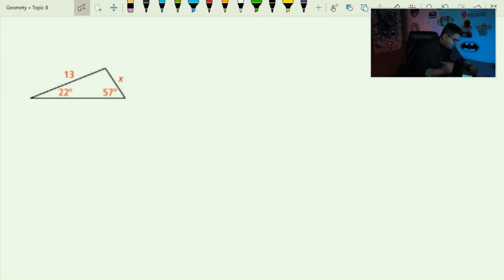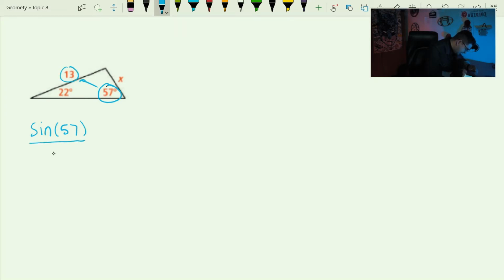So first thing we're going to do is make use of the law of sines that we just saw. We're going to take this angle first. We're going to do the sine of 57 and divide that by 13, since 13 is on the opposite side.